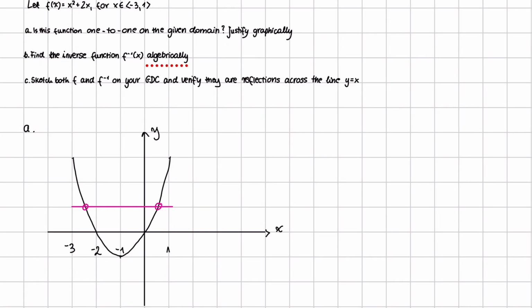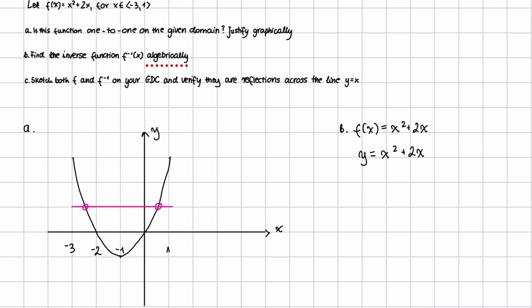B. Find the inverse function f to the power of minus 1 algebraically. So our function is f(x) equals x squared plus 2x. We can also write it as y equals x squared plus 2x, because we treat f(x) like y.